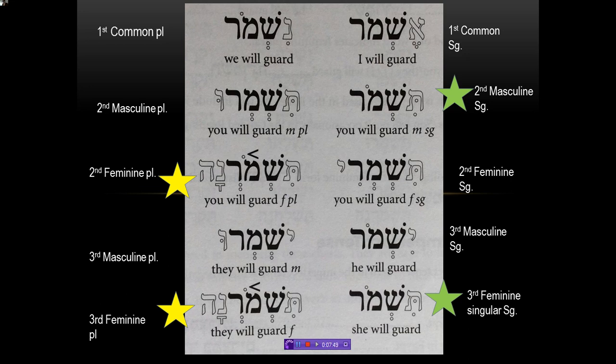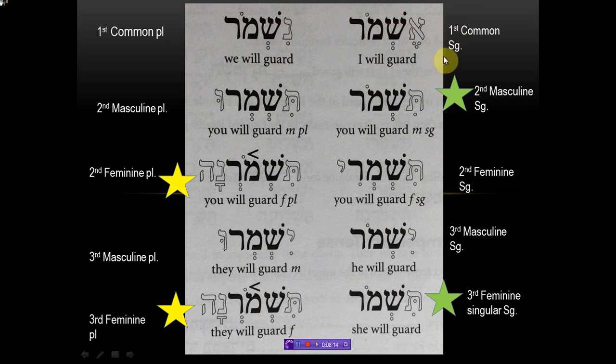Okay, so you'll probably notice that I added these little comments or glosses here on the side, just so that you can see a little bit more clearly which one is first person, second person. And just as a review, remember first person is I or we, second person is you or you all, both genders, and third person is he, she, it, or they. They, that's third person.